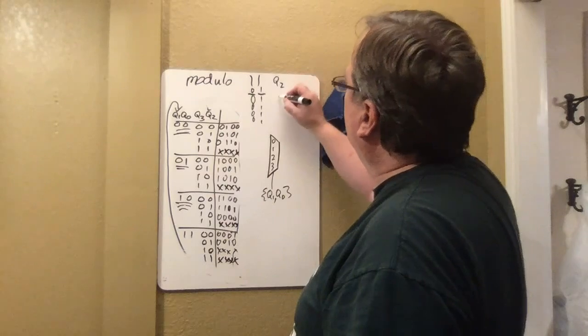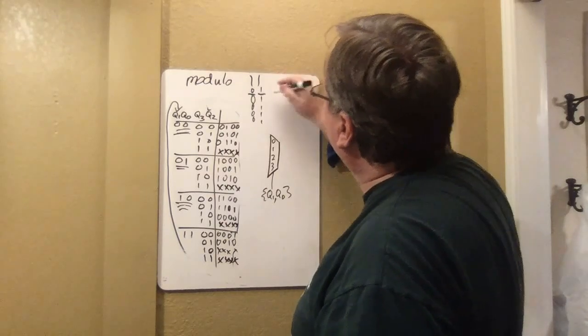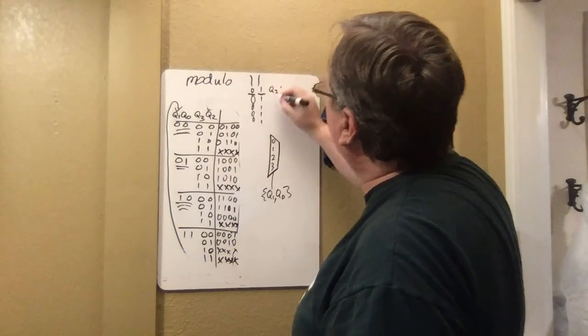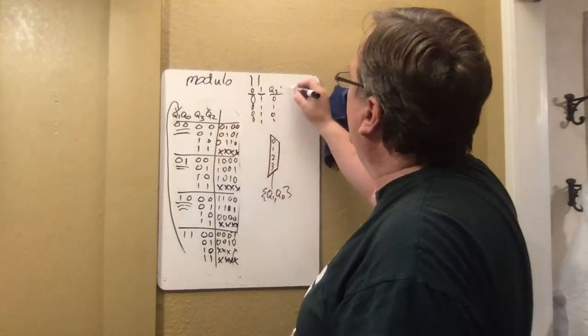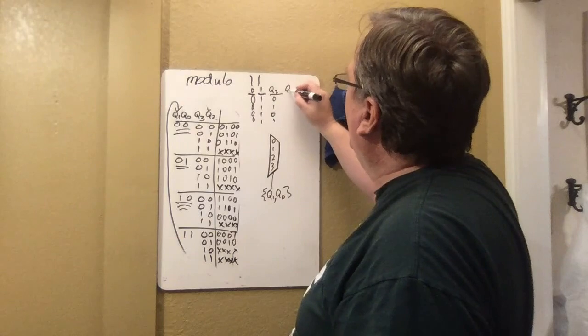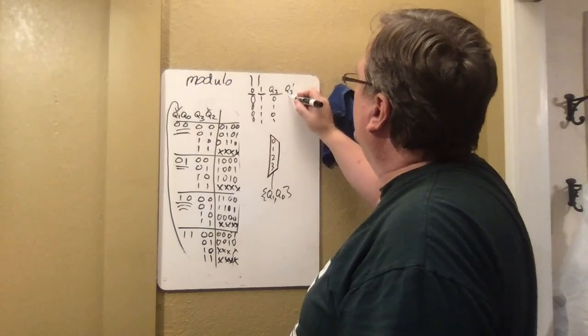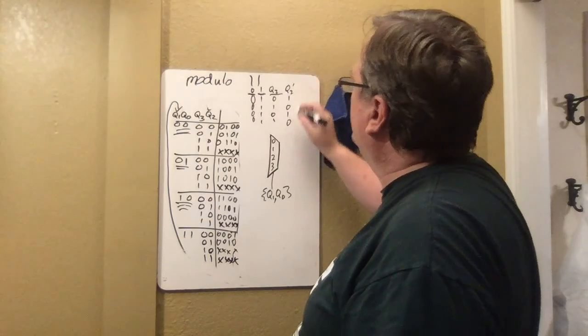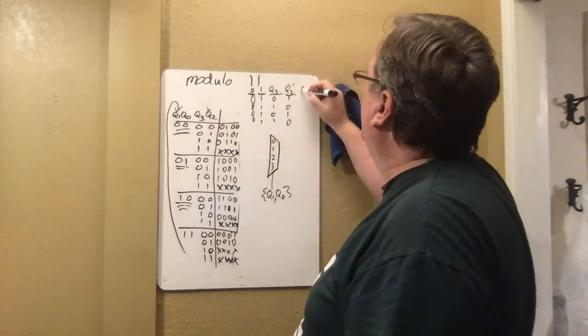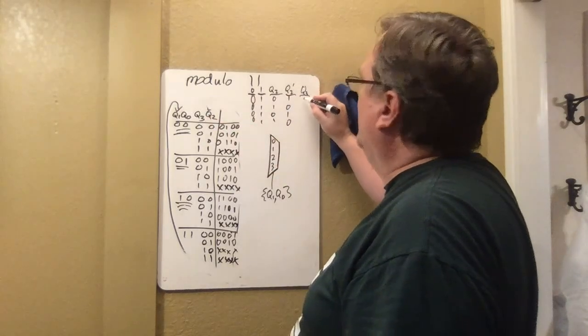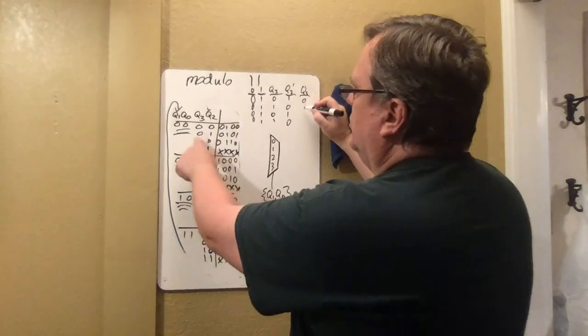I have Q2, which is 0, 1, 0, 1. The order of Q2. I can have Q2 prime, which is 1, 0, 1, 0, the flip of it. And I have Q3, which is 0, 0, 1, 1.